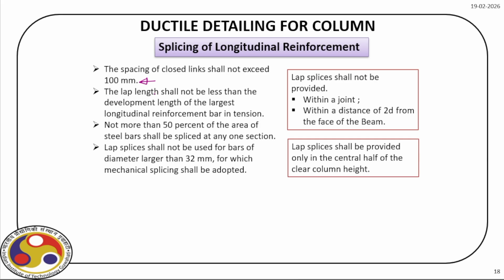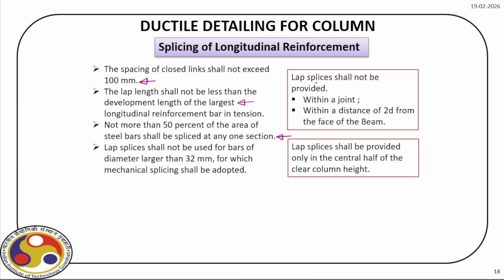The lap length shall not be less than the development length, which is obvious. Then not more than 50% of the area of steel bars shall be spliced at a section. This is also true. We have discussed in detail. Then lap splice shall not be used for bars of diameter larger than 32 millimeter, for which mechanical splicing shall be adopted.